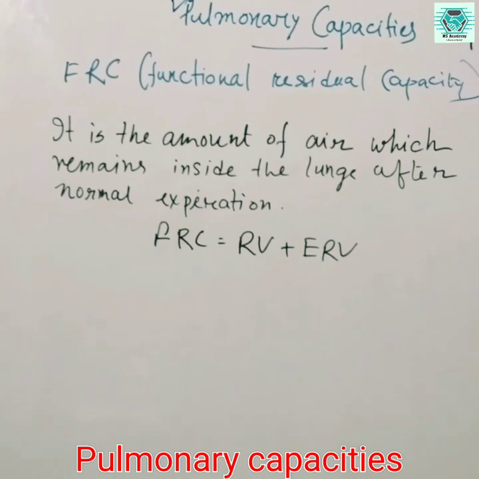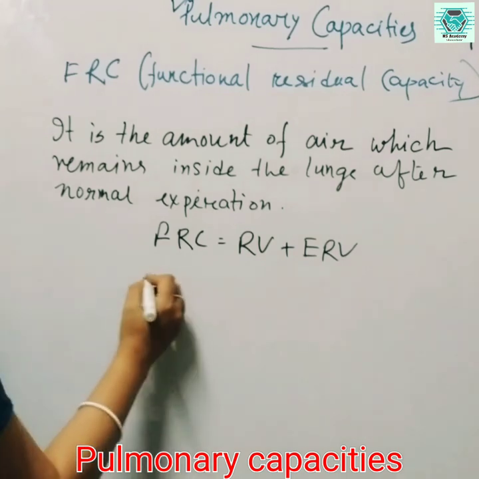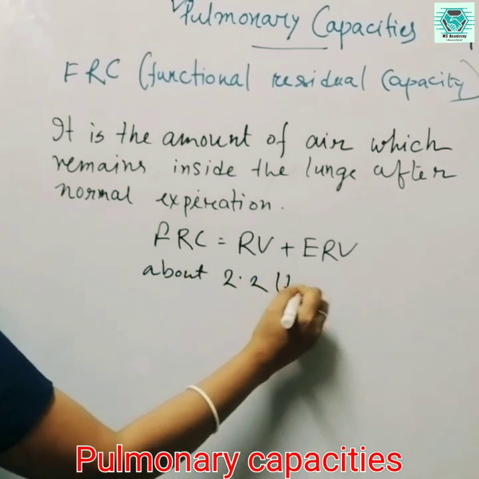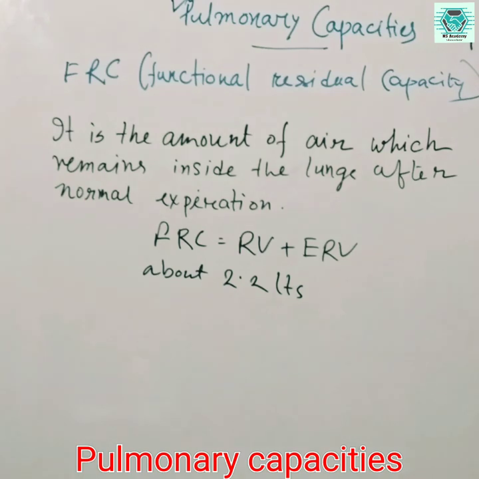Both of these combined form the functional residual capacity, FRC, and it is about 2.2 liters.